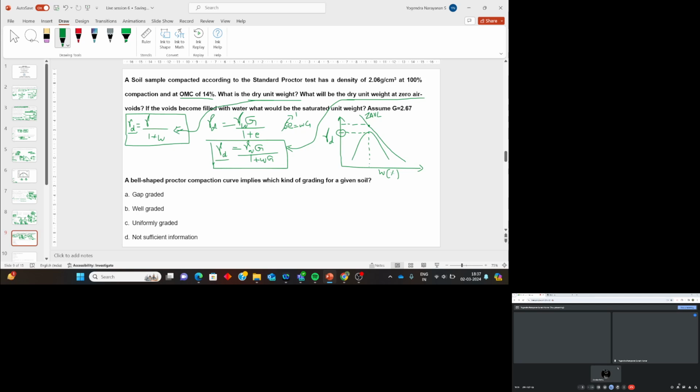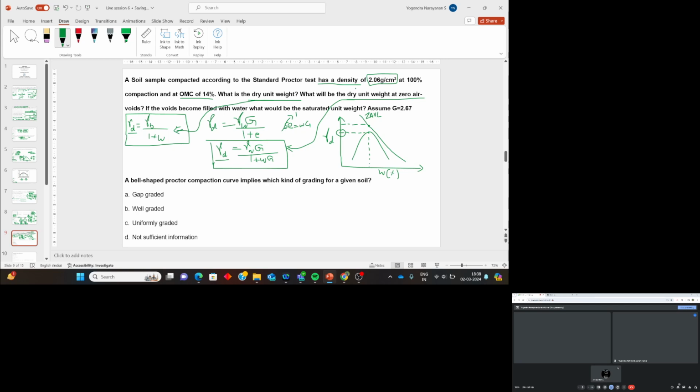Sir, in the first case, gamma d is equal to gamma water. No, this is bulk density, gamma bulk, that gamma is given here, 2.06. Here we did not give dry density, we have given density.